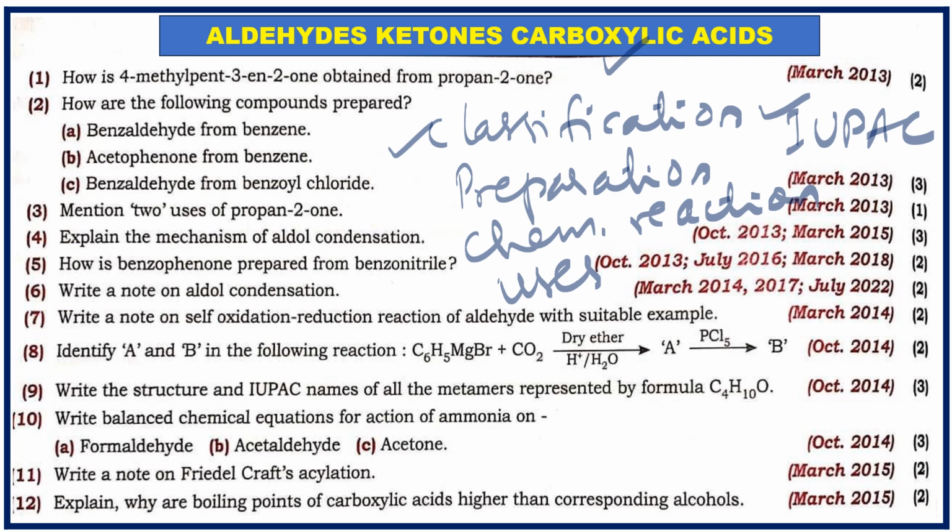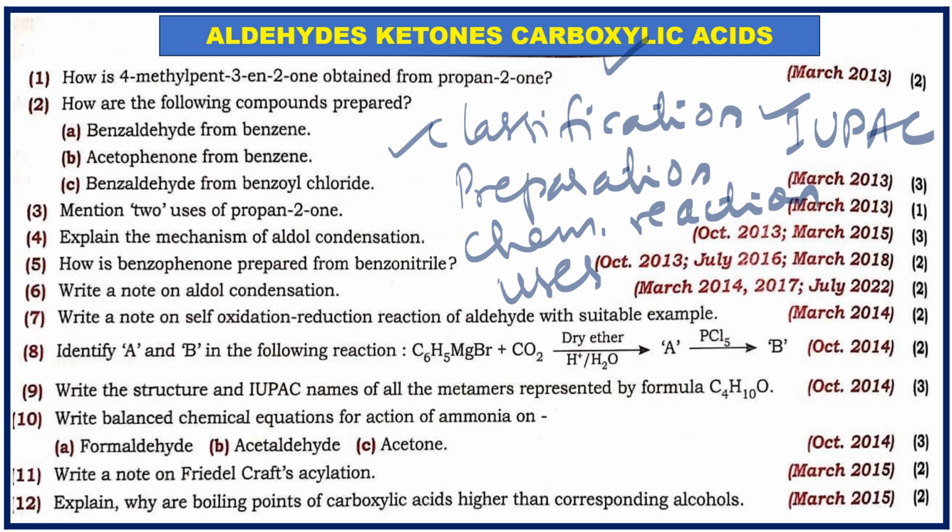Preparation. Here in the preparation of all the three, we are going to see preparations. Stephen reaction is there to prepare aldehydes. Gattermann-Koch formylation is there to prepare aromatic aldehydes. Etard reaction is there to prepare aromatic aldehydes.